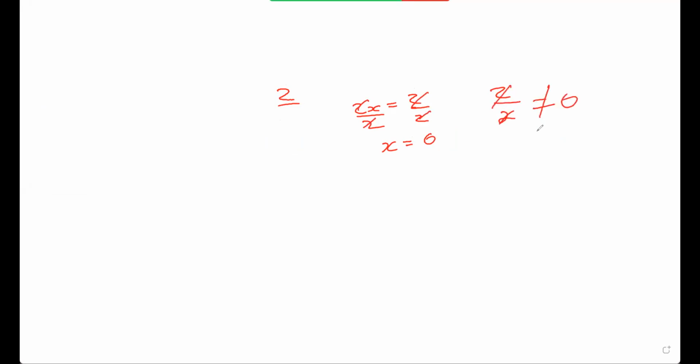It's not equal to 0. Don't say that. 2 over 2 equals 1. Any number over that same number is 1. So be careful of that error.